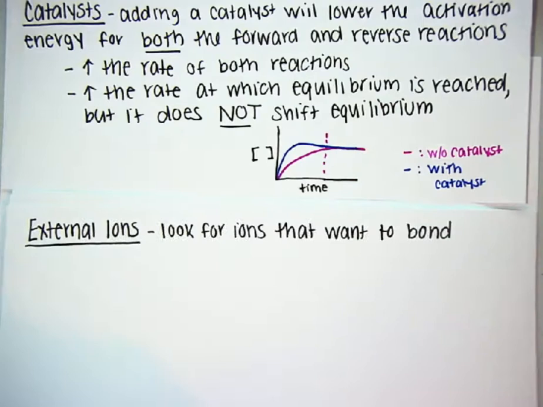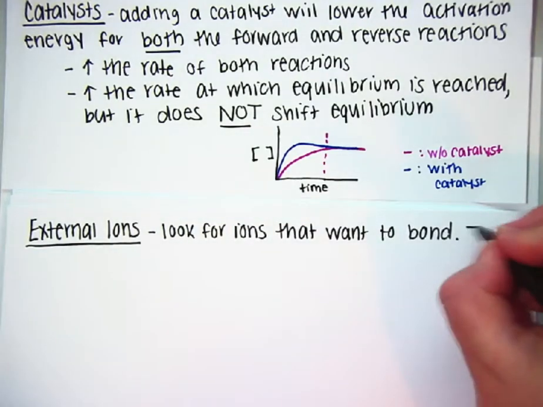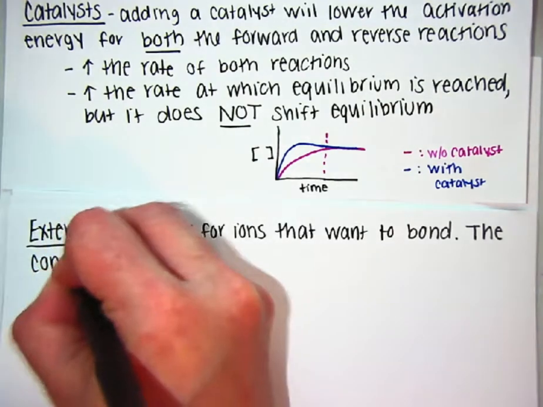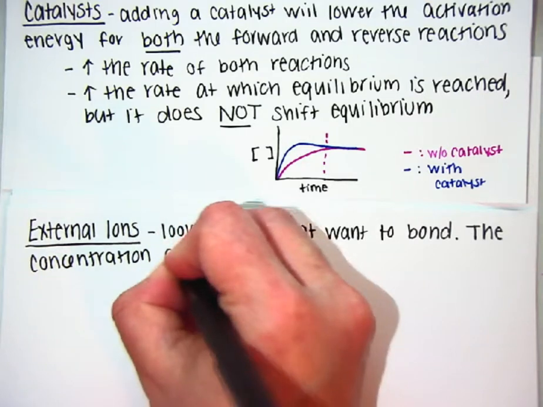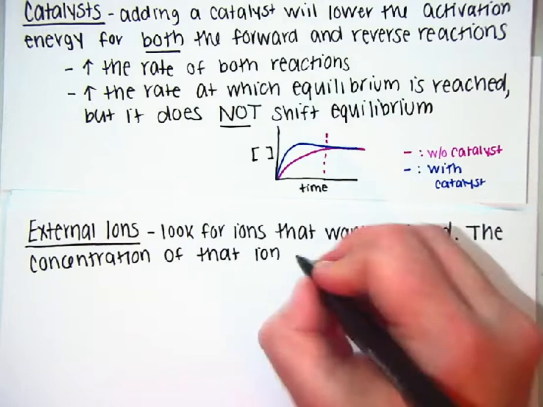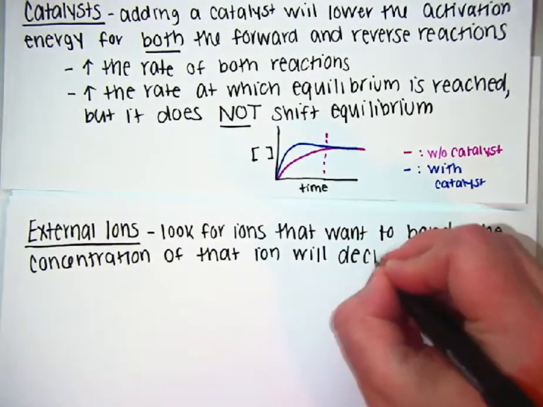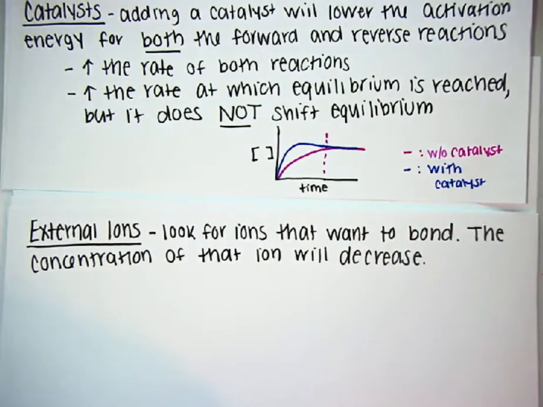So usually we're looking for a cation and an anion, and usually they're going to have the same magnitude of charge. So what is going to happen is the concentration of that ion will decrease. If we add an external ion, the concentration of that ion that it wants to bond to will decrease.